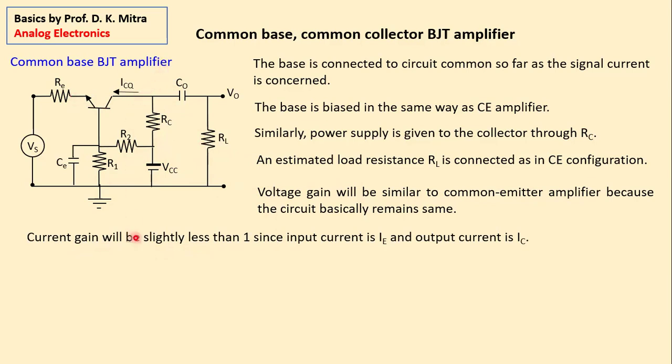So current gain is slightly less than 1, right? Since input current is IE and output current is IC, the collector current. Fine. So I think this is the common base BJT amplifier. In our next lesson, we shall actually test these kinds of amplifiers by simulation software.